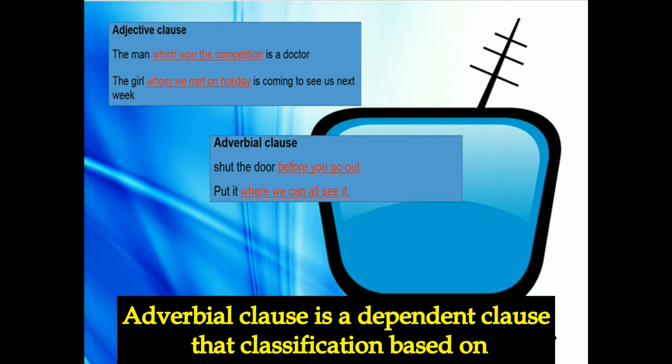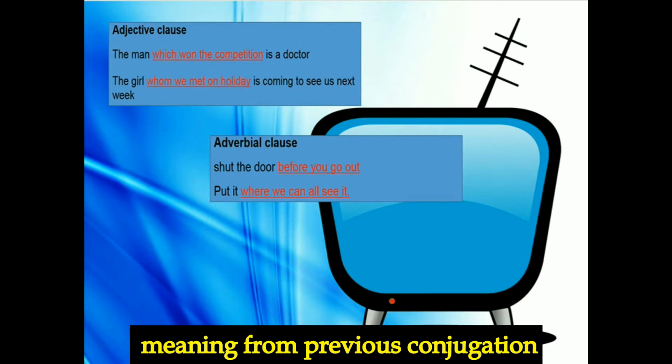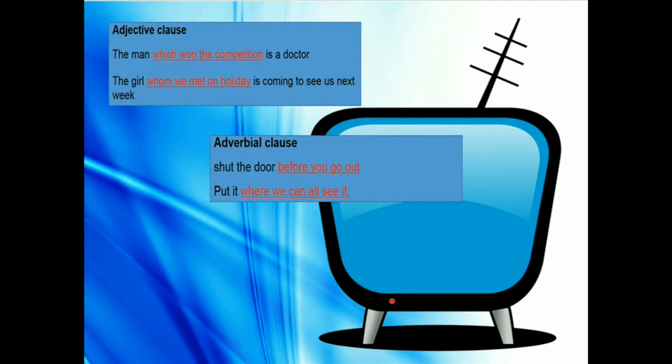Next, adverbial clause. It is a dependent clause classified based on meaning from the preceding conjunction. Example, shut the door before you go out, and put it where we can all see it.